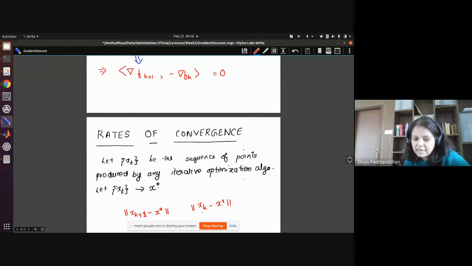In one iteration I was at xk, and this was how far I was from x star, where I would eventually converge. In the next iteration, I went to xk plus 1. At that point, how far was I from x star? That is this. So what is the relation between these two? Which one is lesser? Can somebody say?